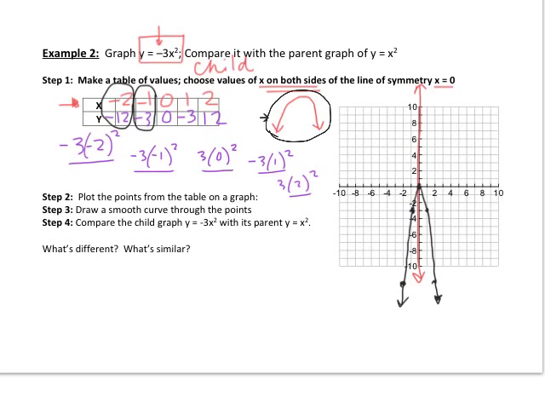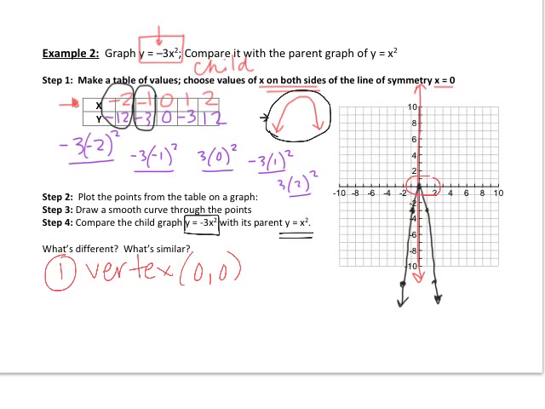So negative 3x squared is much different than its parent x squared. So what are the things that are the same? What are the things that are different? The same, we have the vertex is the same, right? The vertex is at (0, 0). There was the same point, (0, 0), that touches there even in the x squared function, right?